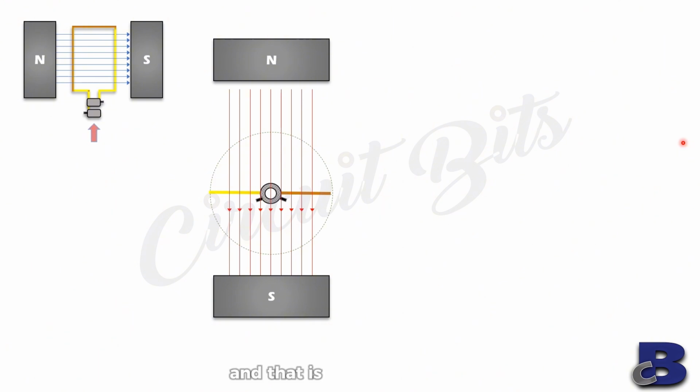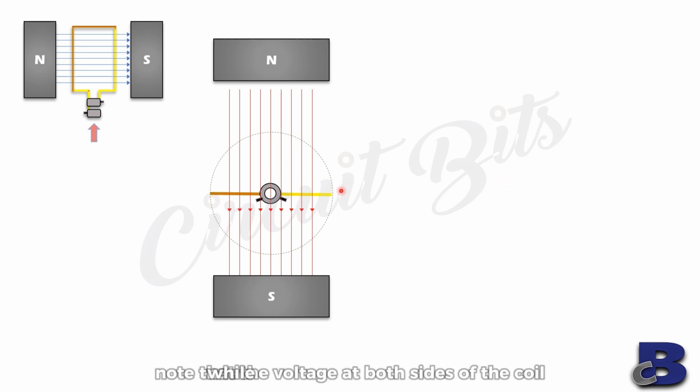And that is about to happen, because both sides of the coil are about to re-enter the magnetic field, but from different directions. And once that happens, we get the same kind of voltage rise as before, but with different polarity, until it comes back to its starting point, thereby finishing one cycle. Note that the voltages at both sides of the coil while in motion are always equal but opposite.